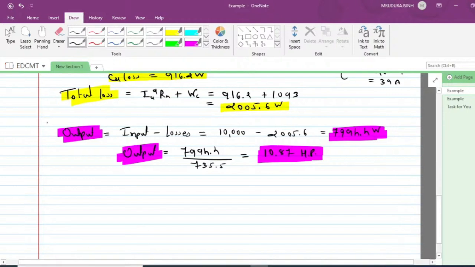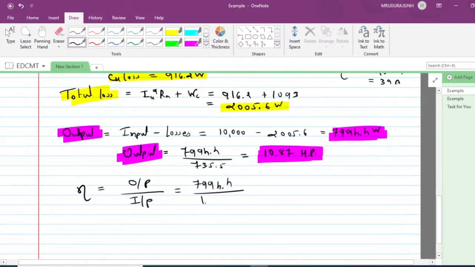Now we are going to calculate the efficiency, right? The equation for efficiency is nothing but the output divided by input. We have calculated output over here, and that is 7994.4, and our total input is 10,000 watt.